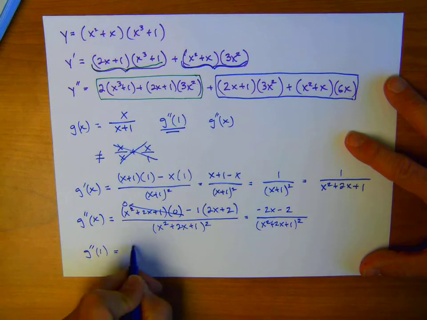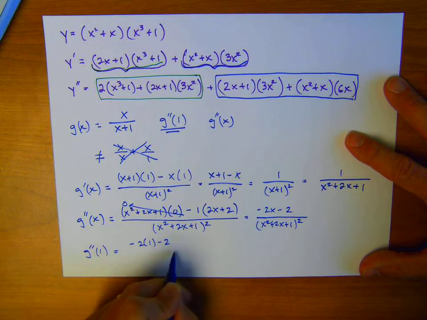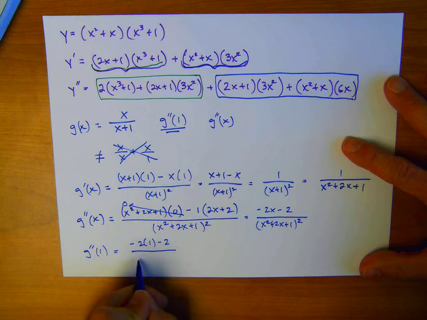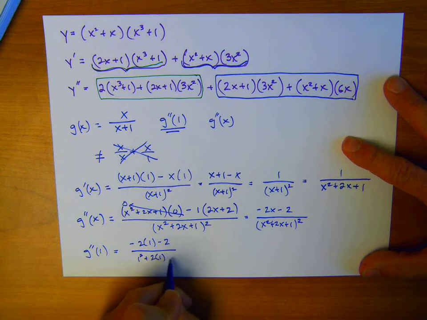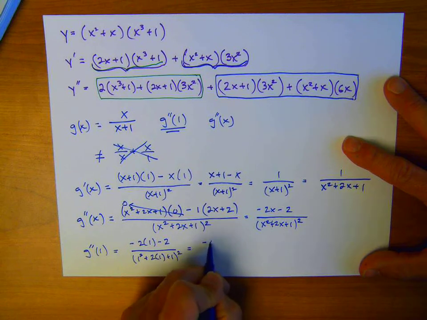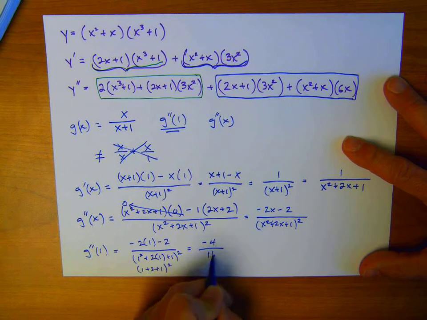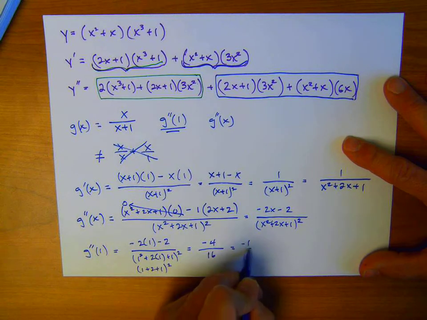So I have negative 2 times 1 minus 2 over 1 squared plus 2 times 1 plus 1 quantity squared. So that's negative 2 minus 2, that's negative 4. And down here I have 1 plus 2 plus 1 squared. Well, that's 4 squared, so that's 16, so that's negative 1/4.